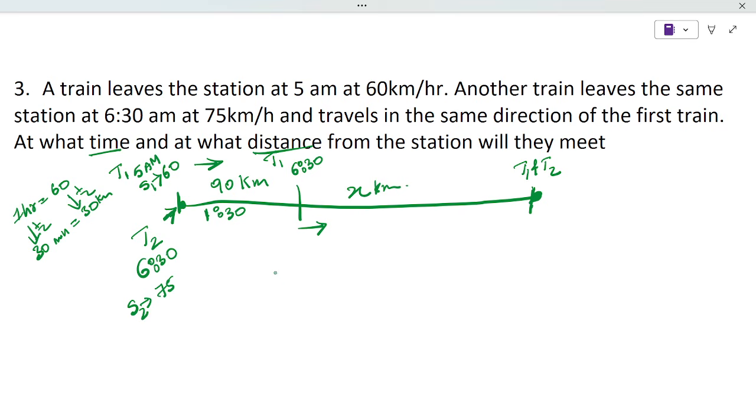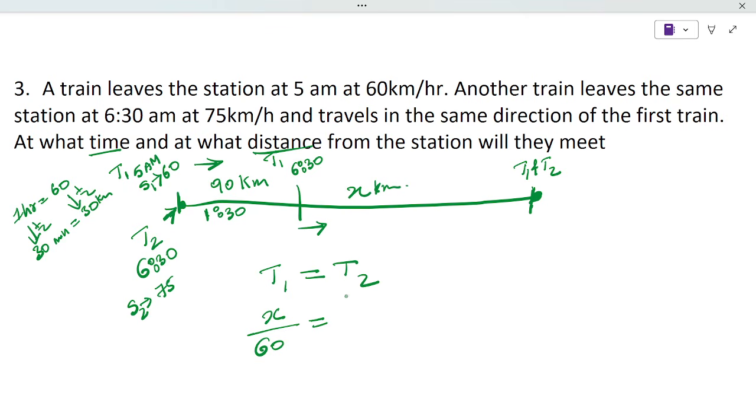Same funda again. Time of train 1 is equal to time of train 2, or no? When we compare from 6:30, the time is 1 hour for both, 2 hours for both, because we already found the reference distance of 90 kilometers at 6:30 a.m. So the distance for train 1 will be x, as the speed is 60 kilometers per hour.